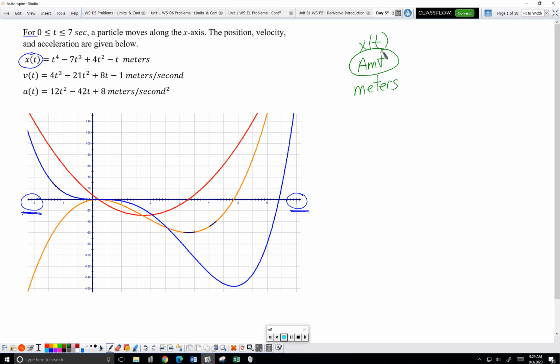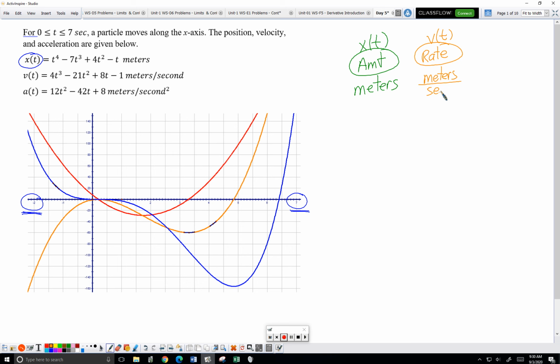That's going to continue to show up. Then they'll describe the rate at which that amount changes. In our example, that rate is velocity. So that's v of t. So v of t is the rate at which the amount is changing. In this case, meters per second are the units.